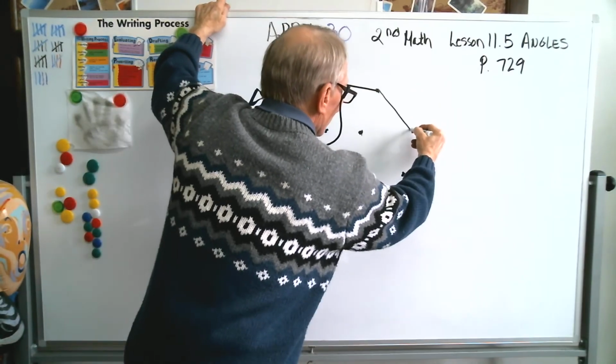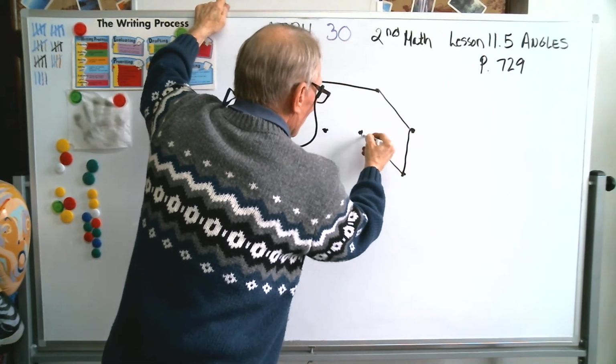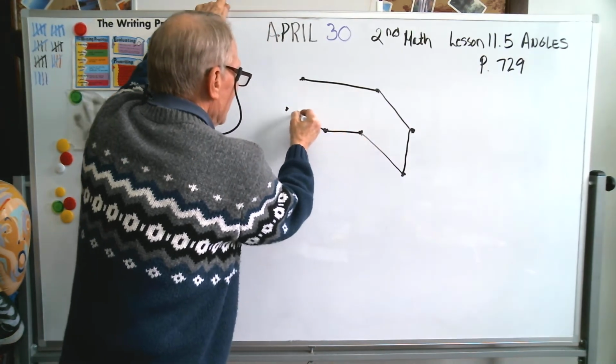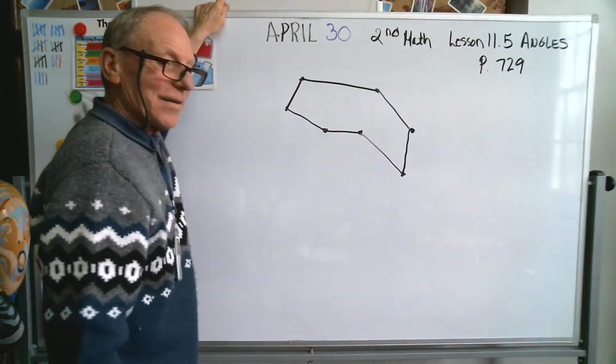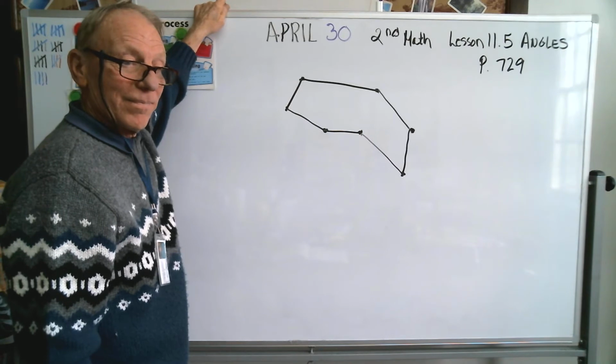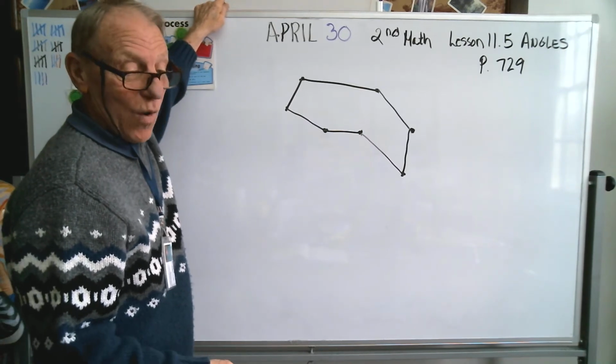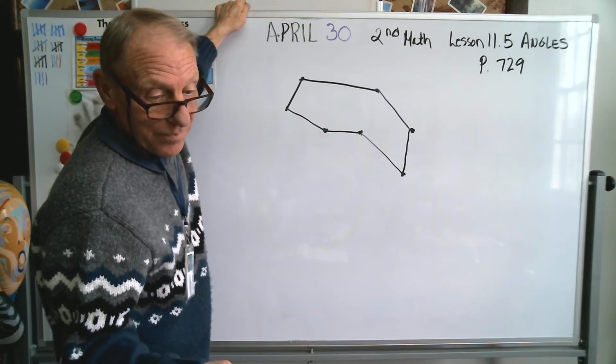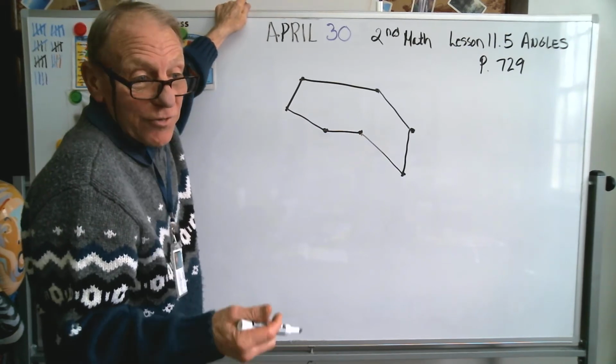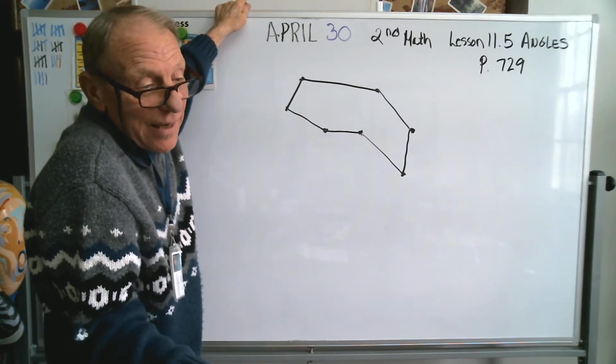1, 2, 3, 4, 5, 6, 7. See how easy that was? If it wanted more angles than that, just make more dots. If it wanted less angles, make less dots.